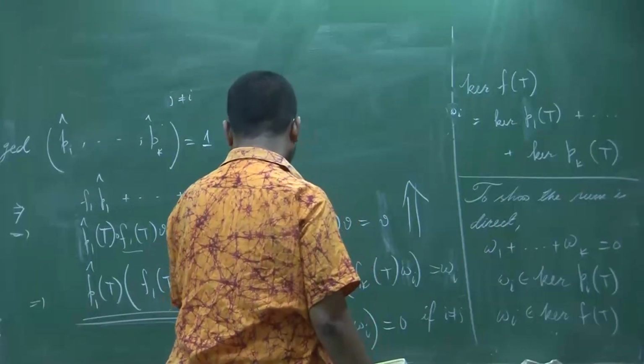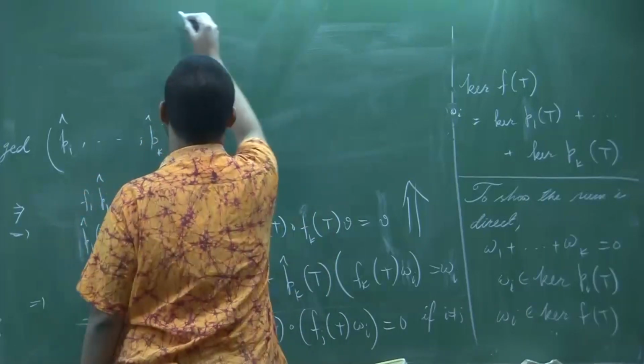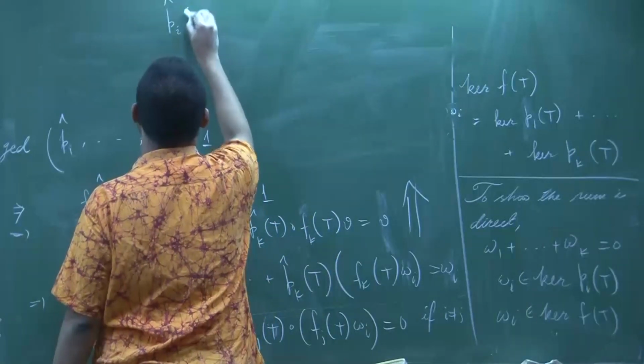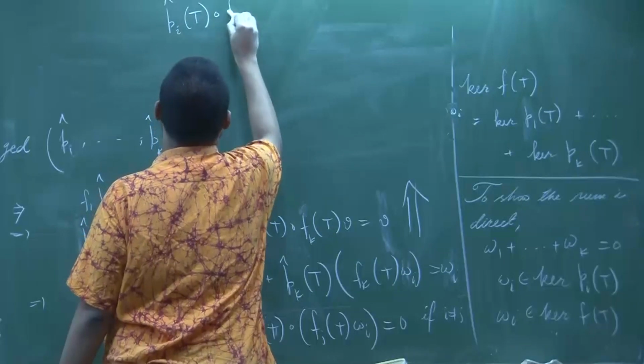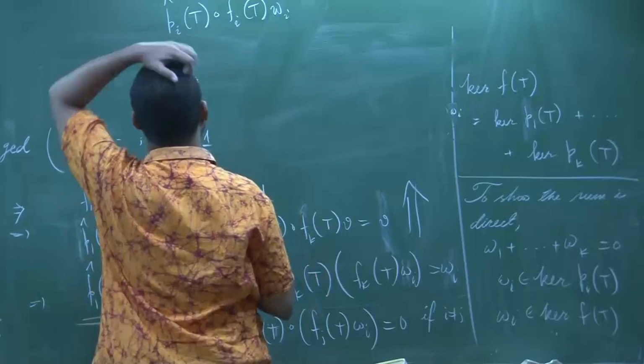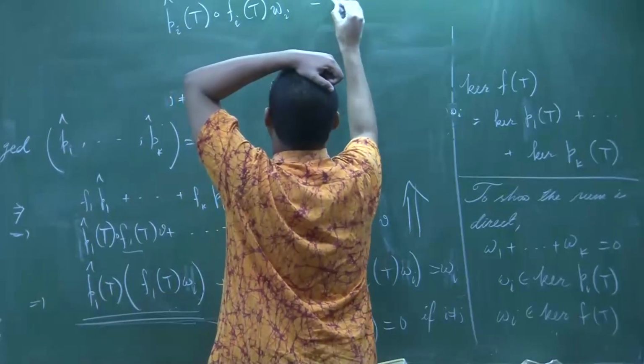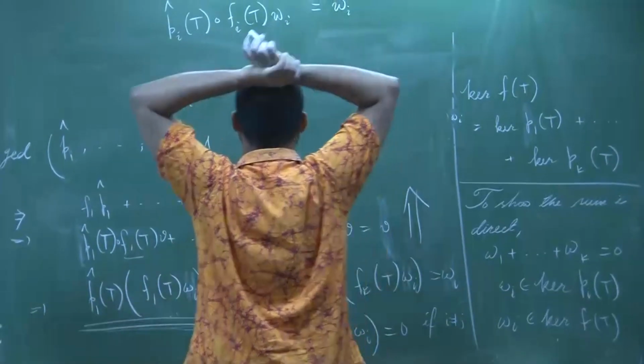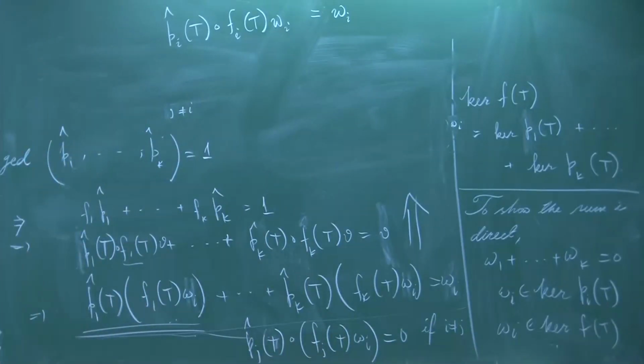So, except the ith term, all terms vanish. So, we had Pi hat Fi Wi is Wi, if I am not wrong. Okay, fine.